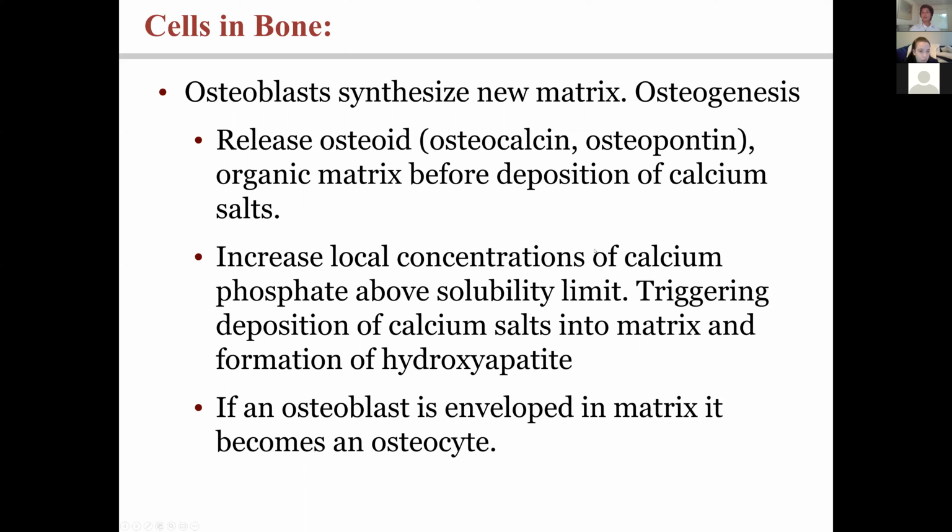And within the collagen is where crystals are going to be deposited. The deposition of these crystals of hydroxyapatite, a calcium phosphate, calcium hydroxide crystal, is the process of calcification, of ossification. That is the process that gives bone, that gives this material, its strength.